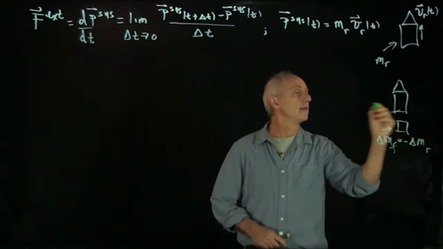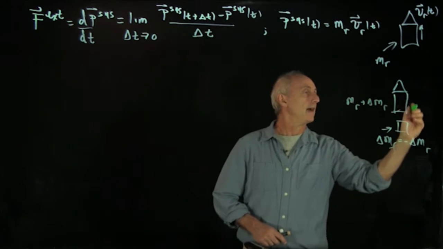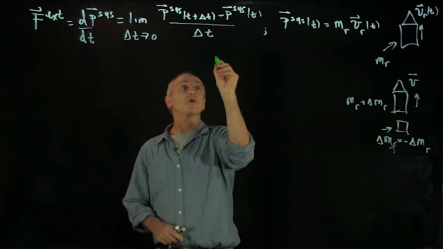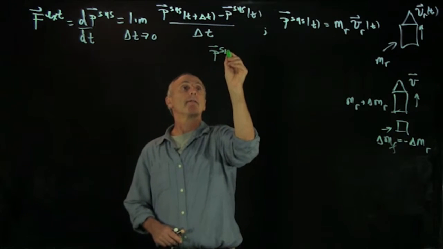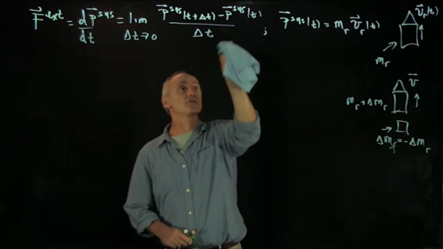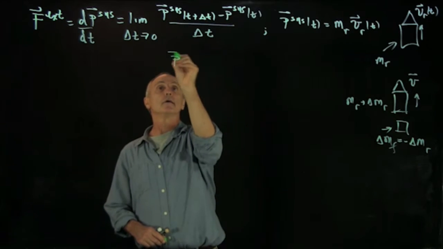Here we had mr plus delta m, and we had the velocity in the ground frame, which we saw was equal to, so let's write out the momentum of the system at time t plus delta t.